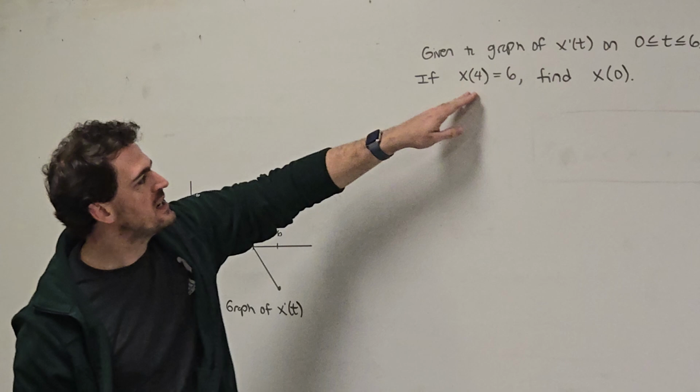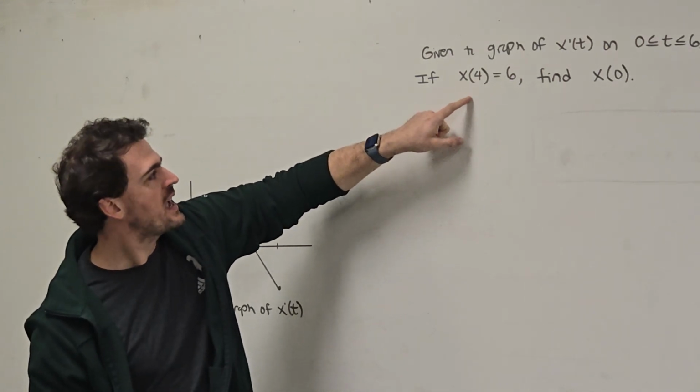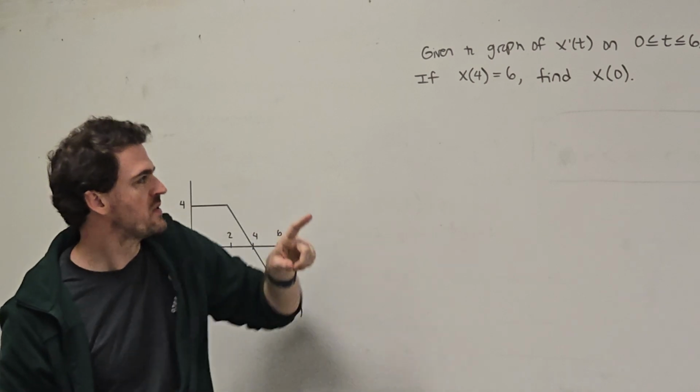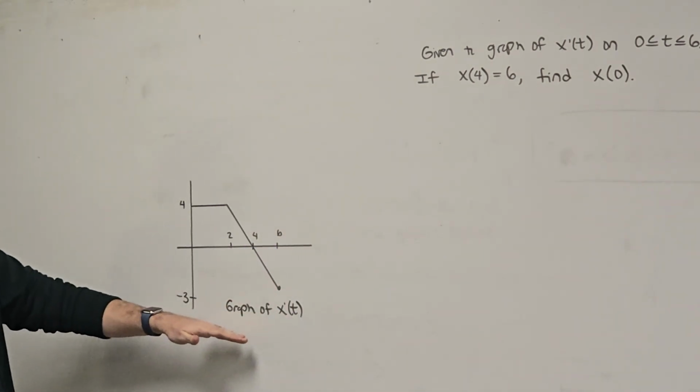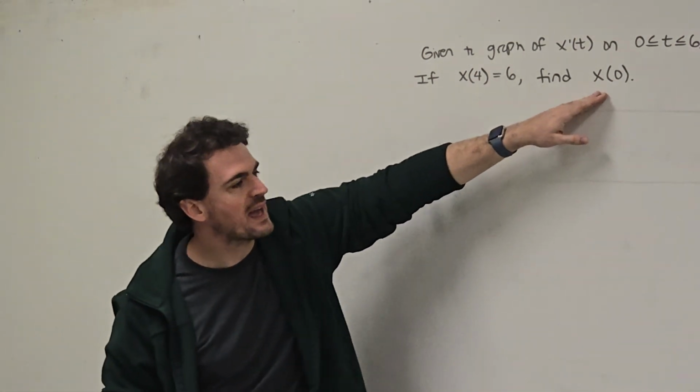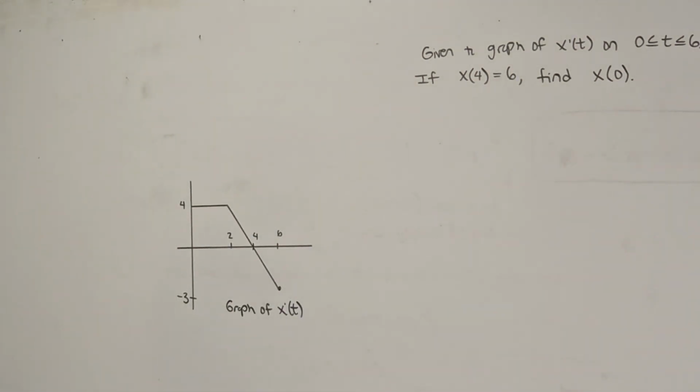So this is an initial condition. This is saying x of 4 equals 6. This is the graph of x prime, the derivative. The goal is to find x of 0. So a couple ways you could think about this.